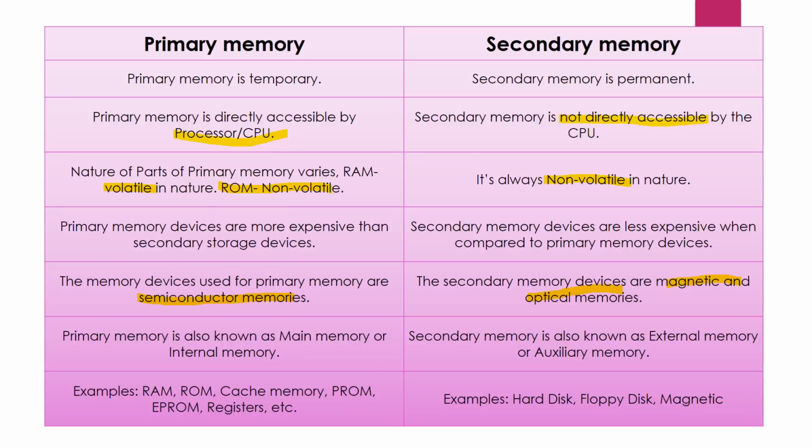Primary memory is also known as main memory or internal memory, and secondary memory is also known as external memory and auxiliary memory. And there are some types I have mentioned. So that's the big difference between primary and secondary memory.